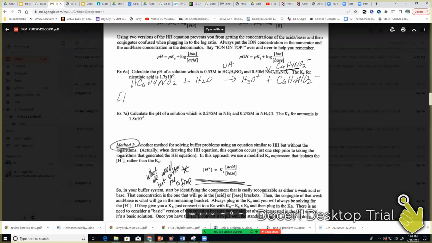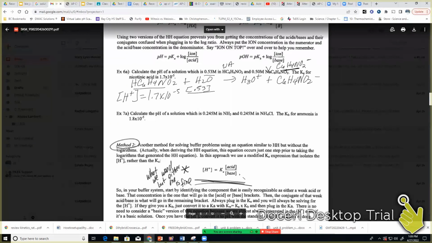So I'm going to say my H plus is going to be equal to my Ka, which is 1.7 times 10 to the negative fifth. And then my acid is going to be this concentration. So that is 0.53.